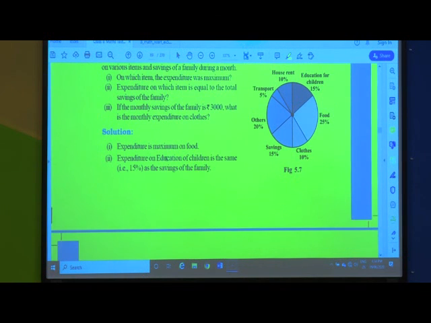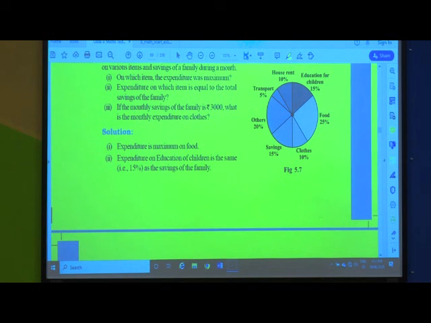As I had explained, expenditure is maximum on food. After observing the pie chart, we understood it. Expenditure on education of children is the same, that is 15%, as the savings of the family. This was also observed from the pie chart.